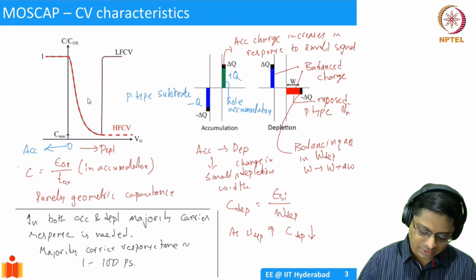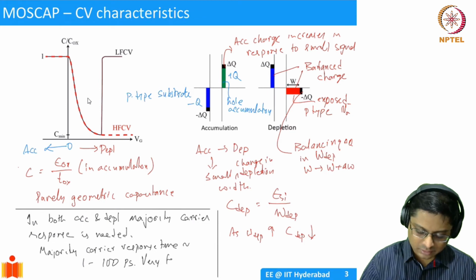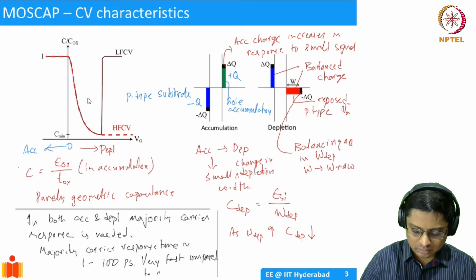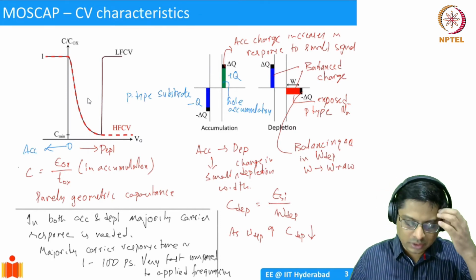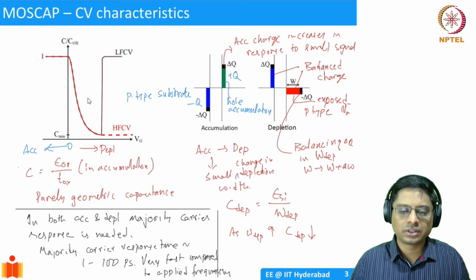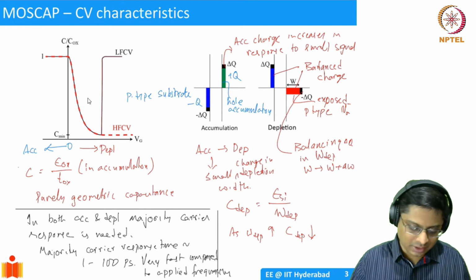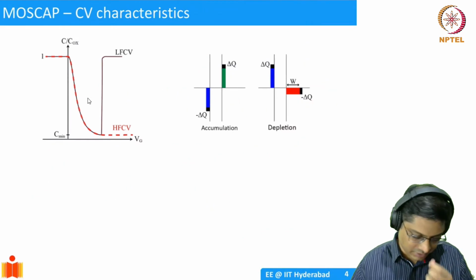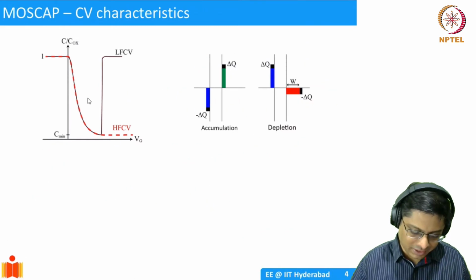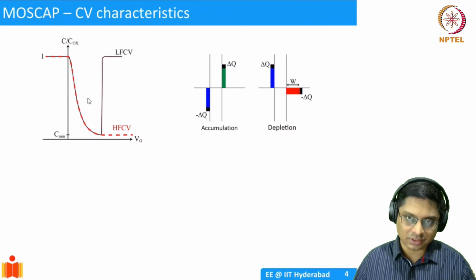Okay, very fast compared to applied frequencies. Okay, so that's why we don't really have much of a problem. We will discuss that. Okay, majority carrier response. So before I talk about that, let me talk about how the CV changes.